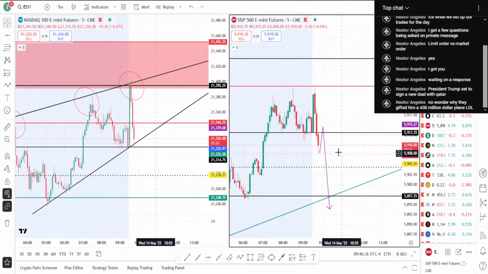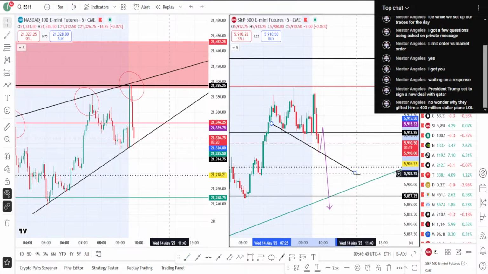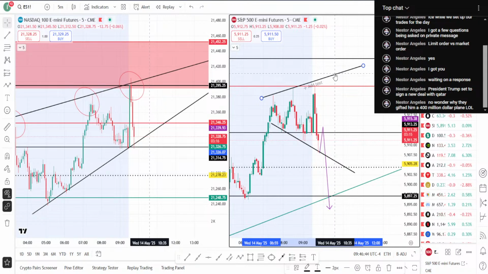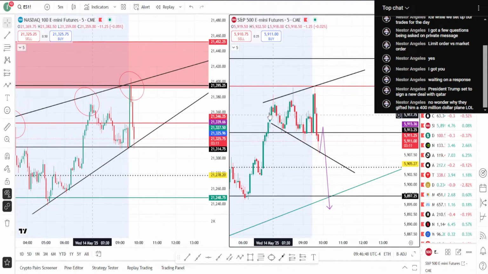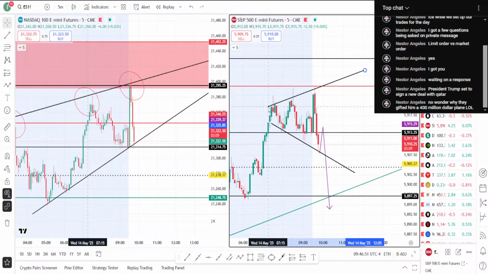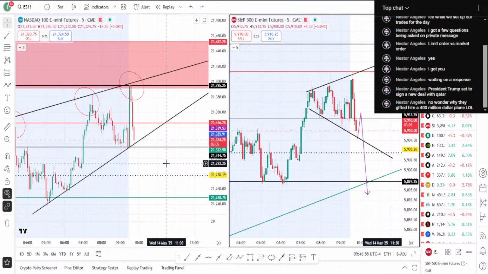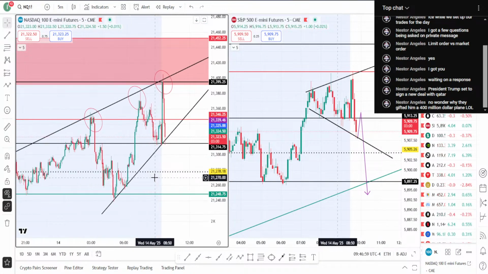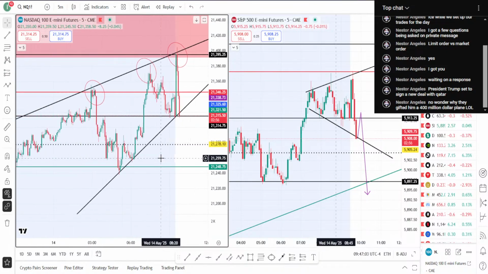See, it's looking like we might be having a range here on the ES. Be careful with that as well. Just trying to collect the clues, you know, put them all together. We're back inside the range.